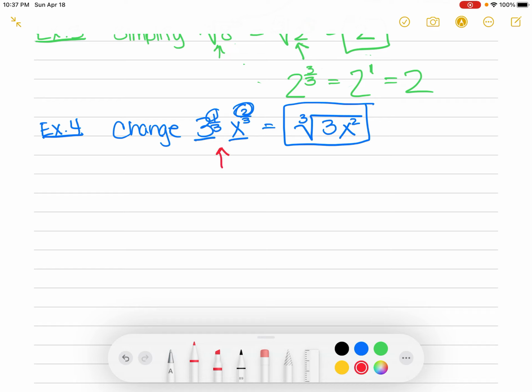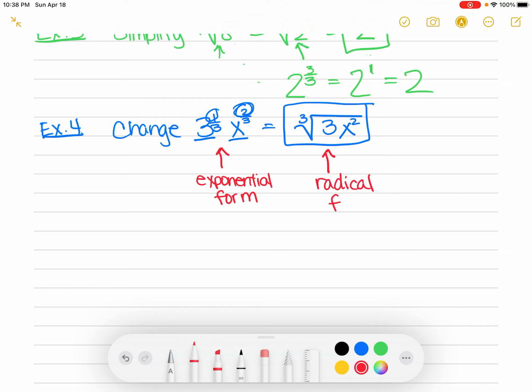So this part is called exponential form. And that's easy to remember because there's exponents on each of them. Even though this has an exponent right here, it's not all exponents, right? And then this one is called radical form.